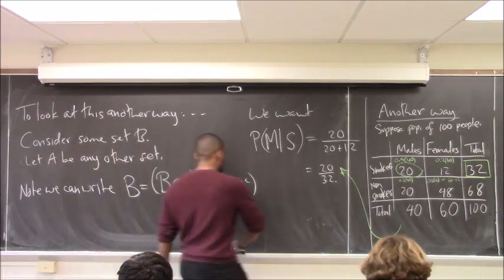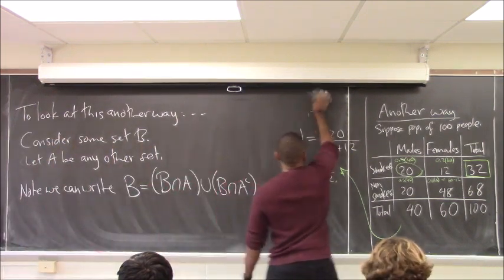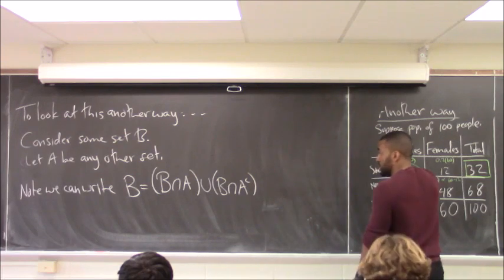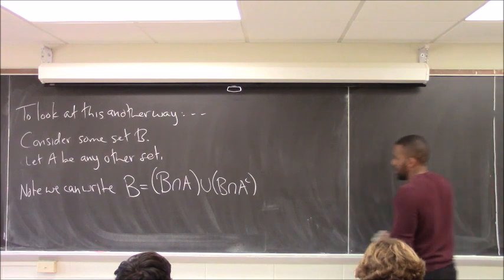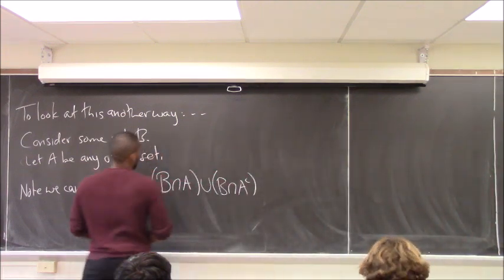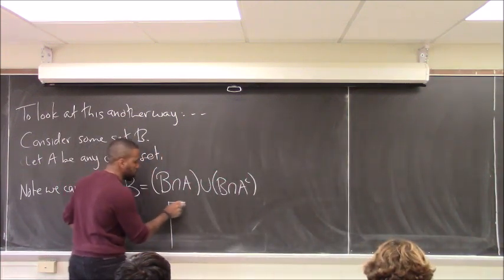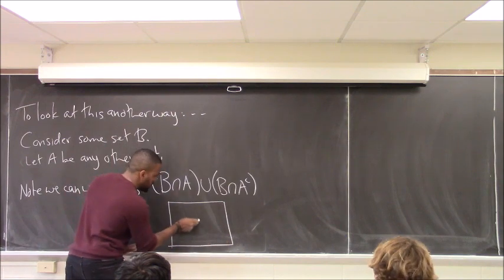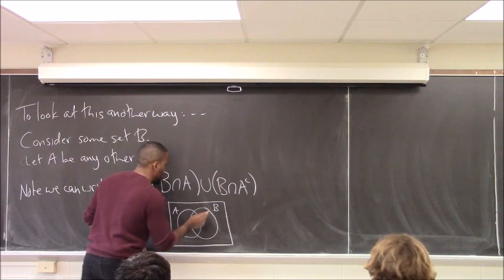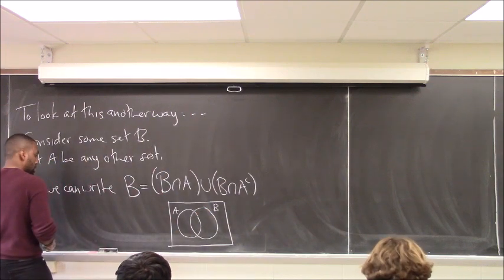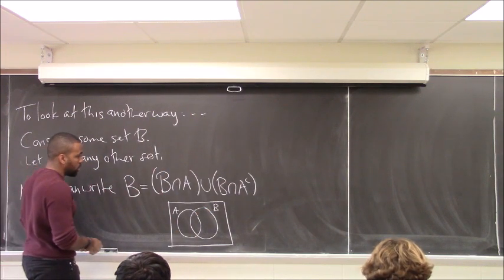I want you to notice that we can always do that for any two sets. This is true in general. One way you can see this is, it's not a proof, but if you want a quick visualization, if I have one set and another set, this is A, this is B, then if I look at the set B, I can split it into two parts.